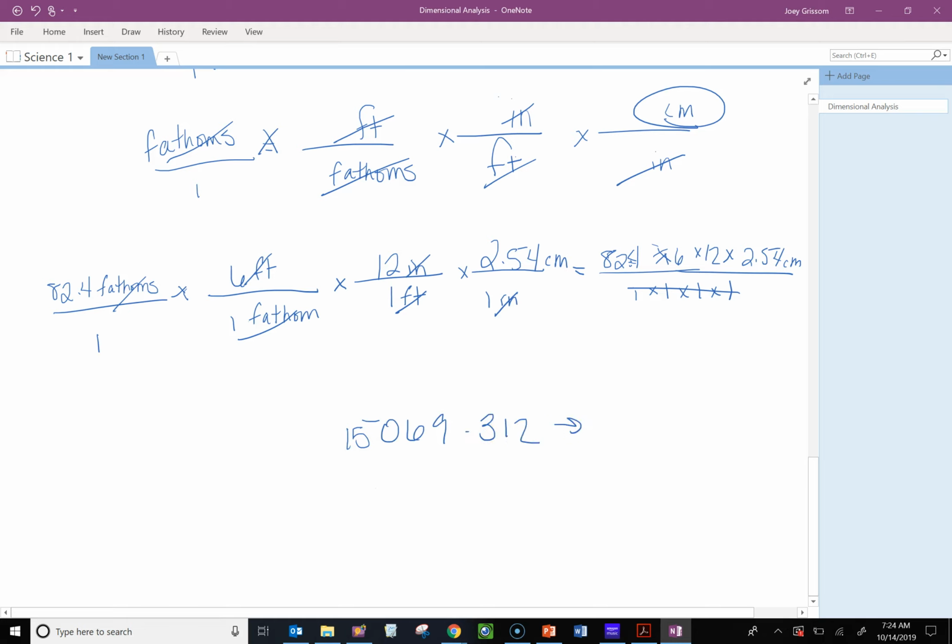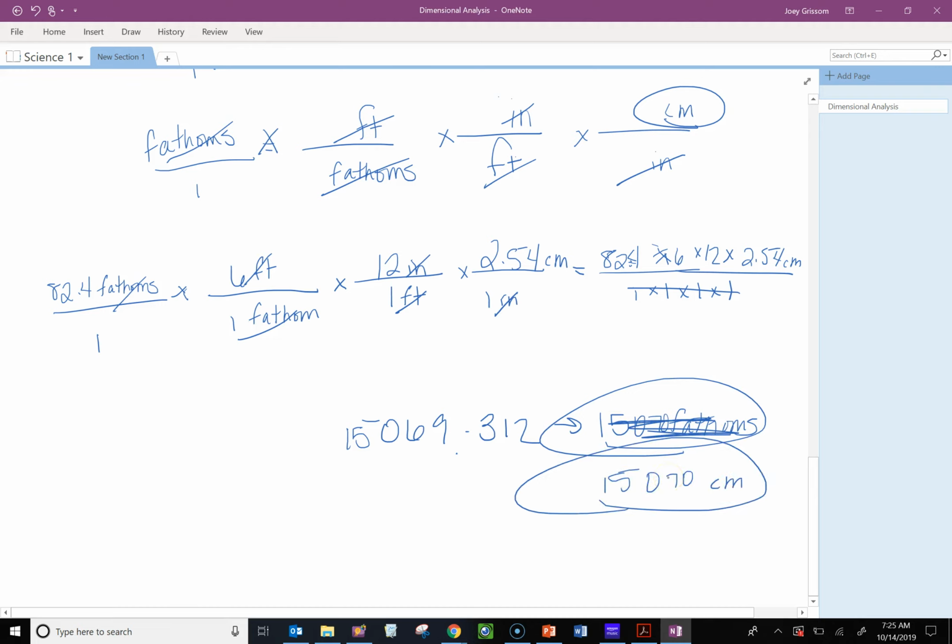With sig figs, since my first number only had 3, my final value would need to be 15070 centimeters. Okay, that would be my value.